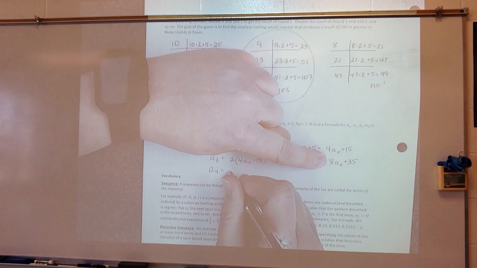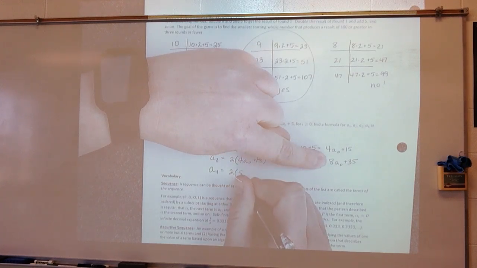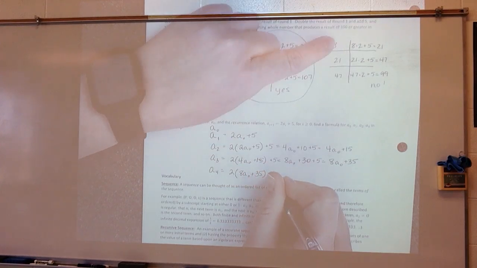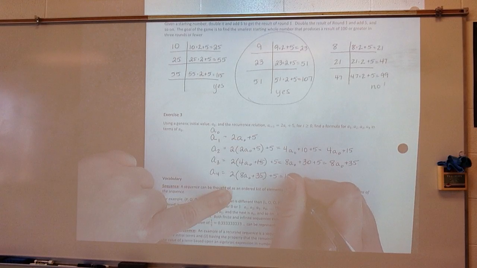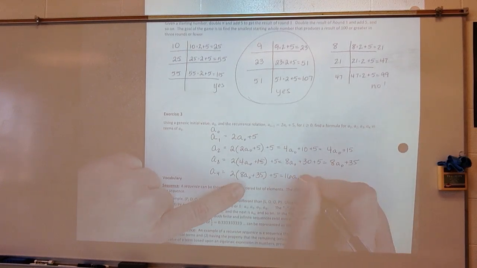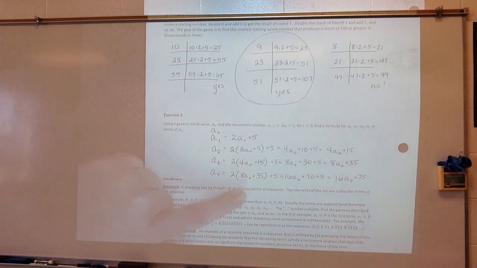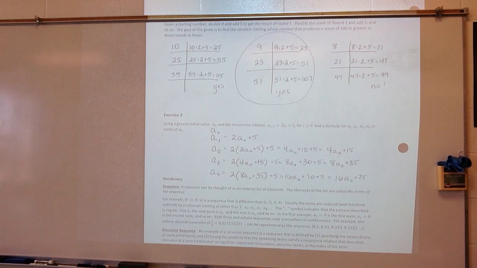I'm taking this and multiplying it by 2, because I'm doubling it, and then add 5. So I get 16 a sub 0 plus 70 plus 5 gives me 16 a sub 0 plus 75. Alright, so this is what it's telling me, is I can use my a sub 0 and find that relationship.